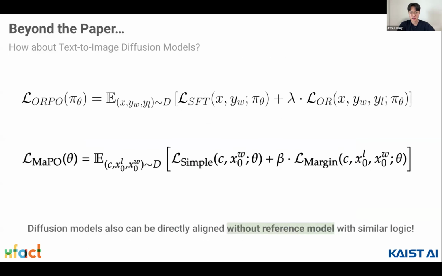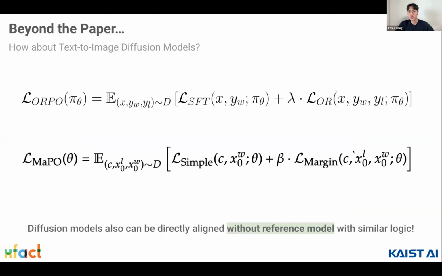If we compare the loss function here, the ORPO loss has the SFT loss plus the weighted version of the OR loss, which directly makes the margin between the chosen and rejected responses. The proposed method in this diffusion paper, which we call MAPO, has a really similar setting. L simple here is just the SFT loss function for the diffusion models.